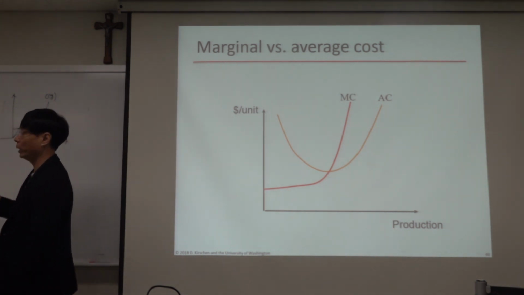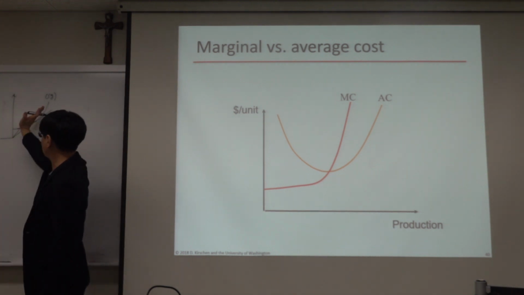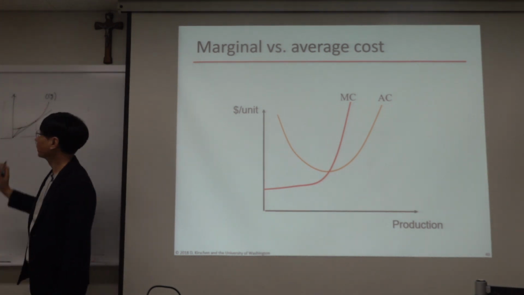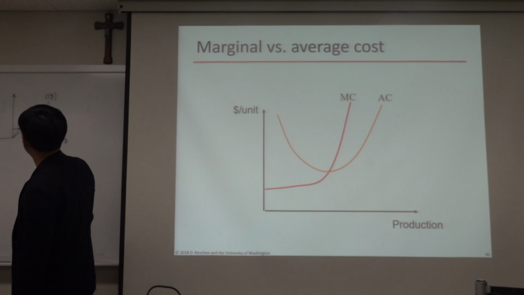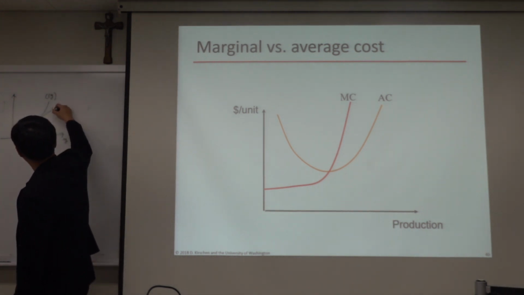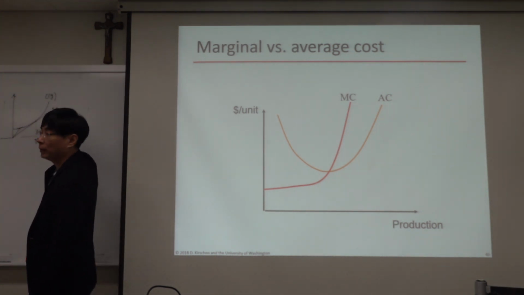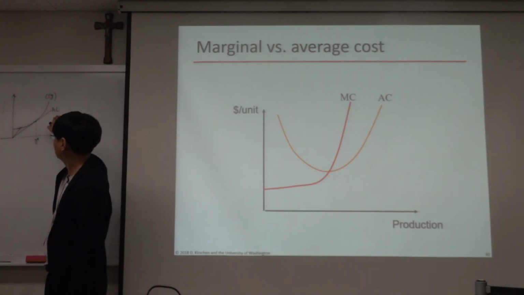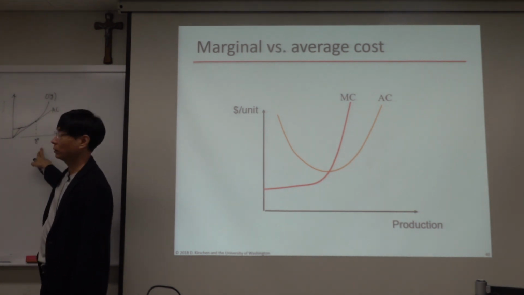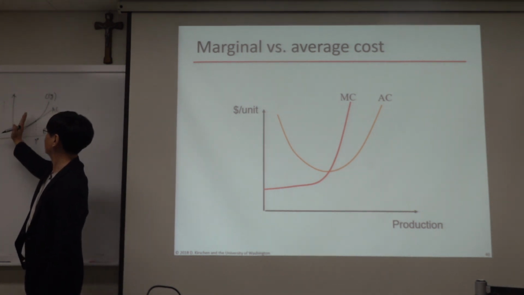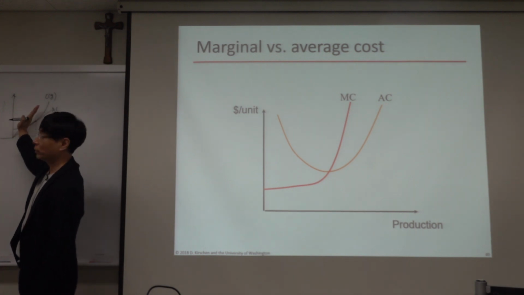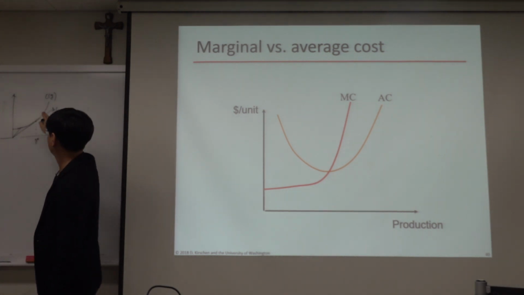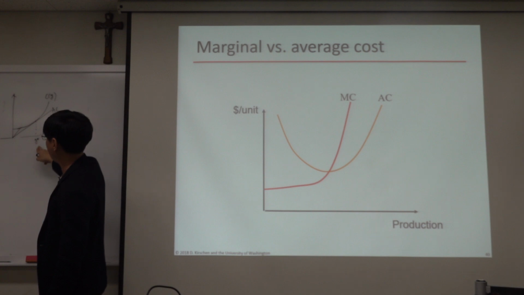This is the case where marginal cost is equal to the average cost. And the average cost is minimized at this point, right? Because the slope is minimized and then increases again. So this average cost is minimized at y star.